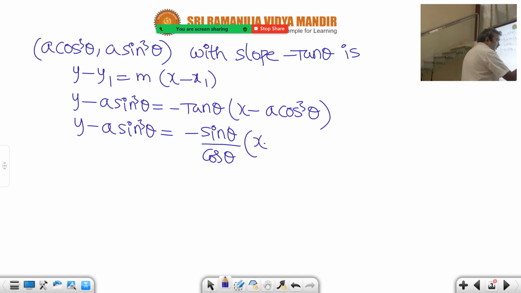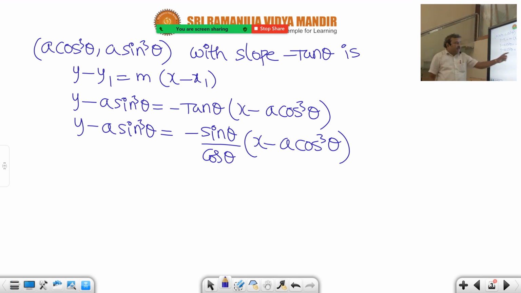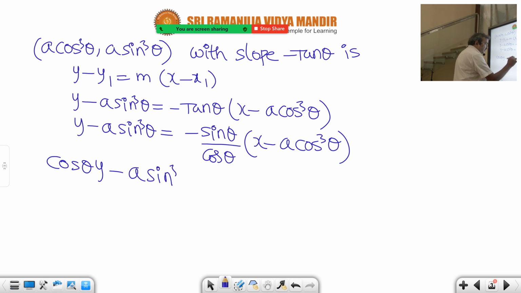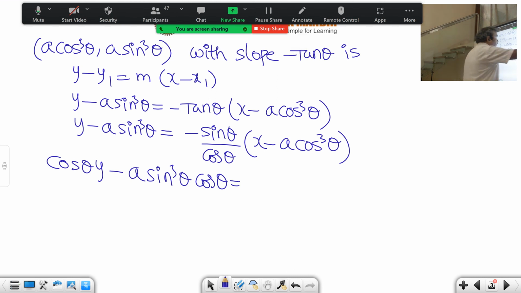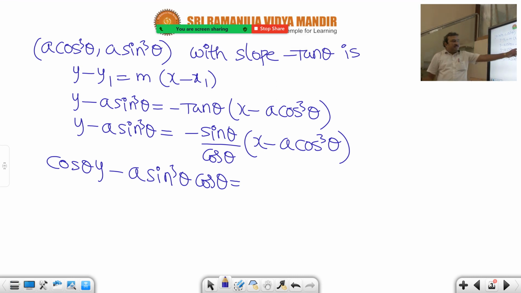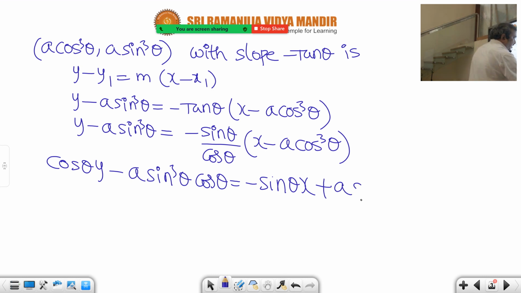Correct? Into x minus a cos cube theta. Right? From this cross multiplication, cos theta into y minus a sin cube theta into cos theta is equal to minus sin theta into x plus a sin theta cos cube theta.